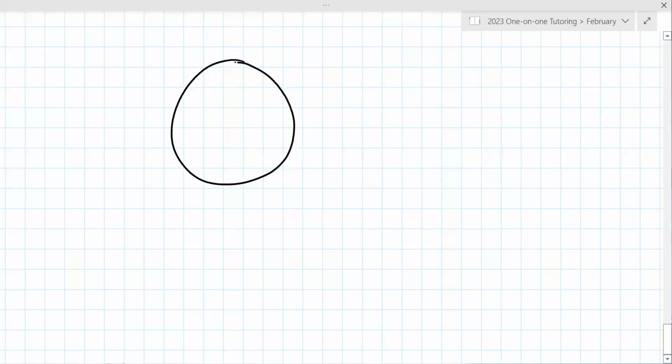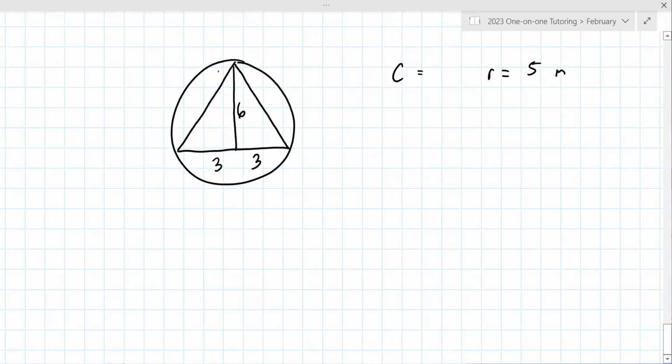Let's say we've got a triangle inside a circle, and the circle has a radius of 5 meters, and the height of this triangle is 6, and the base is 3 and 3. I want the area of the shaded region.